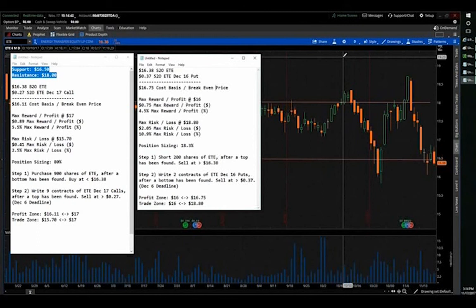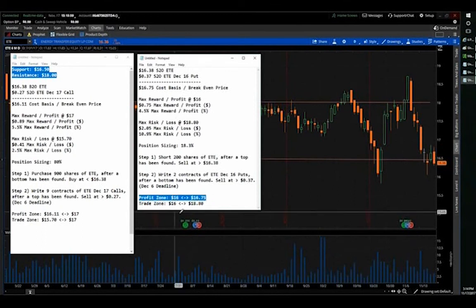You can profit to the downside, you could profit to the upside, but do recall that whether it's right from the get-go on cycle 1 or after the first cycle where you've taken in a second premium and lowered your cost basis further, it's not difficult to get your profit zone to be greater than your trade zone.